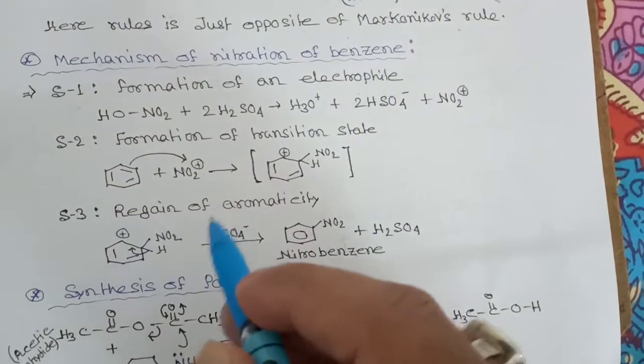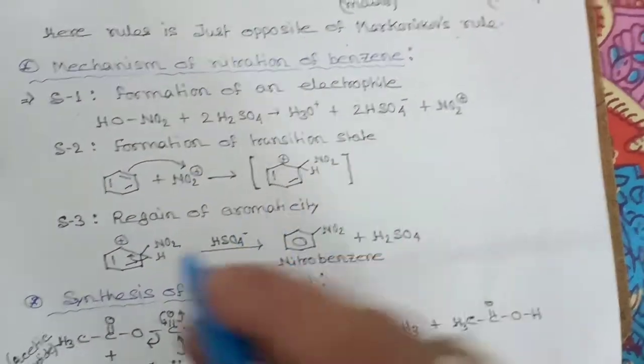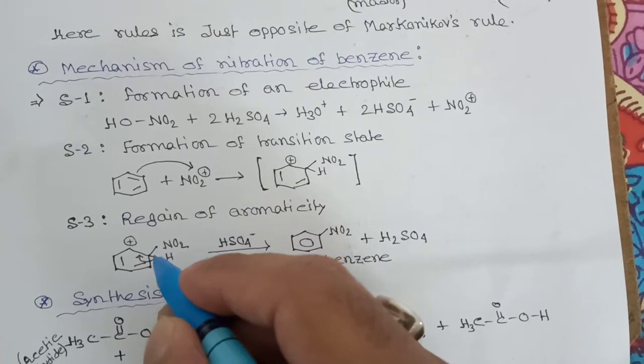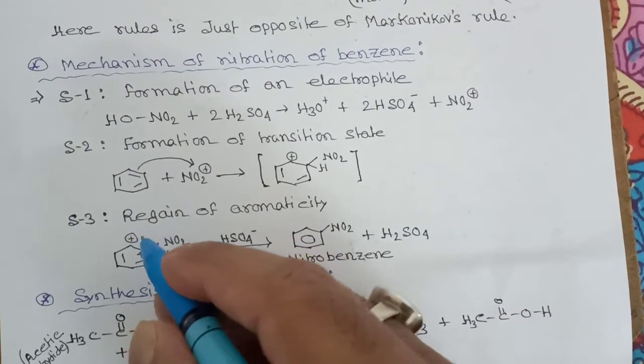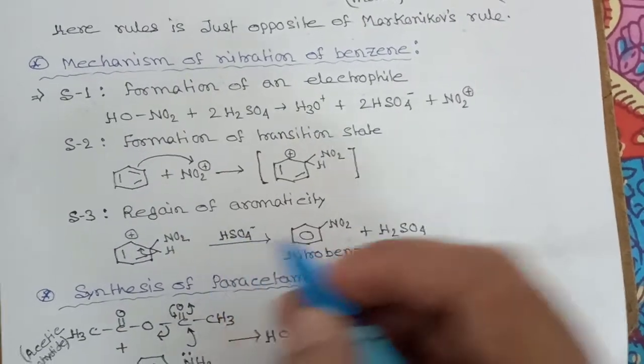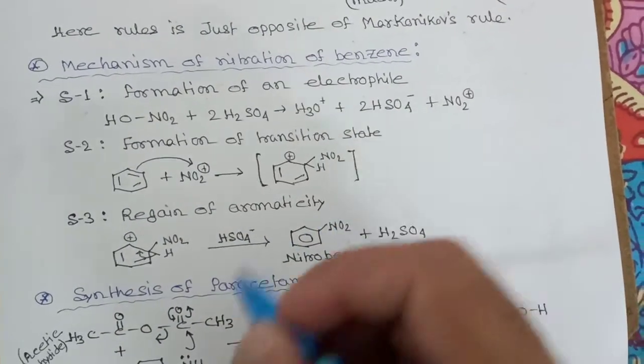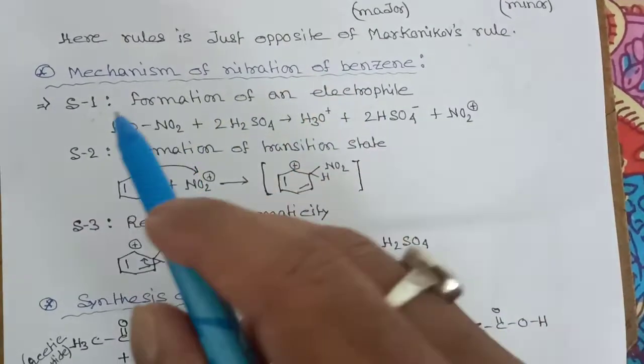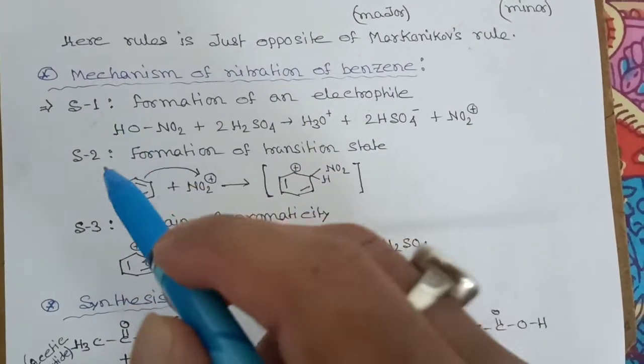Now in the last step there will be regaining of aromaticity. So this hydrogen will go out and this bond will come here to neutralize this plus charge. So there will be formation of nitrobenzene. So in the nitration of benzene, three steps are involved: step 1, step 2 and step 3.